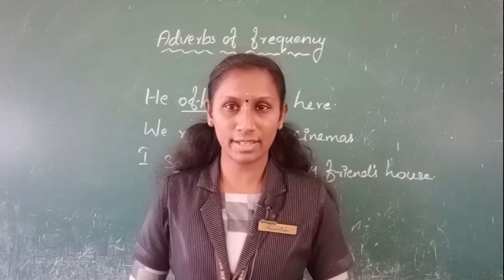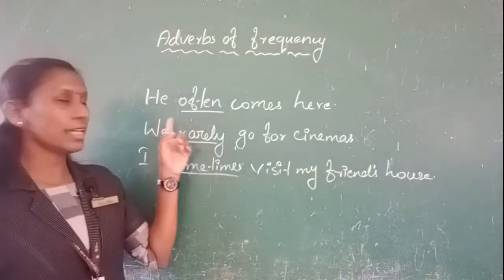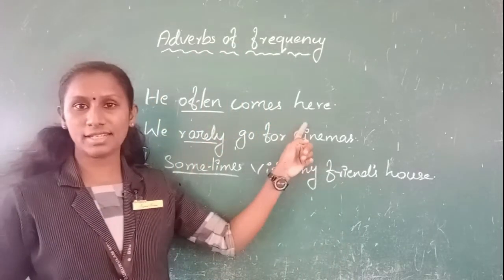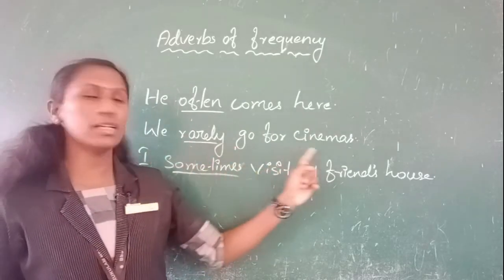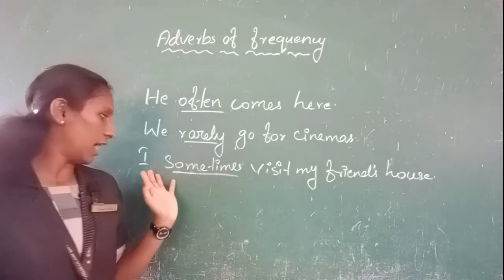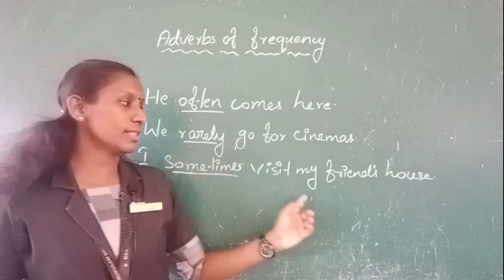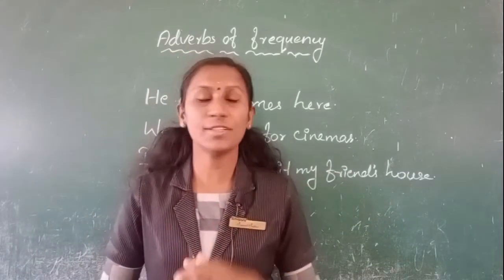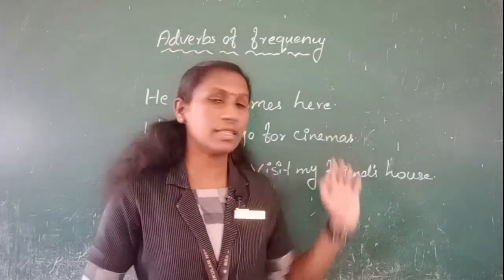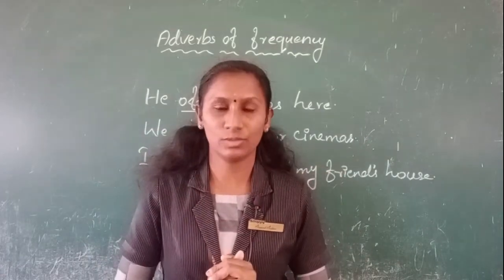Let us see a few examples. He often comes here. We rarely go for cinemas. I sometimes visit my friend's house. In all these examples, we find how often all these actions take place, right?